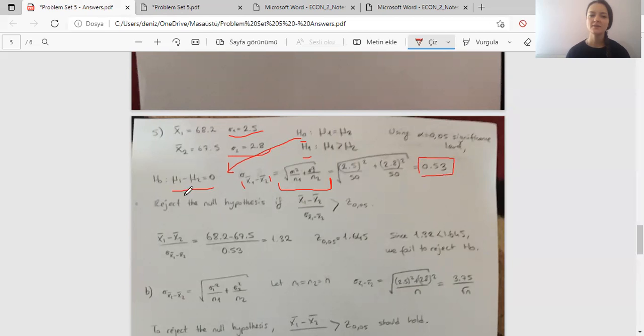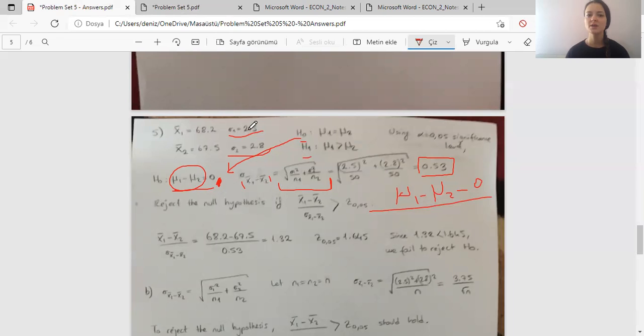Now here we have this decision criteria. We are just normalizing it, but basically we are not doing something different. It's the thing we are dealing with, which is mu1 minus mu2 here, minus the null hypothesis statement, which is 0, over the standard deviation.